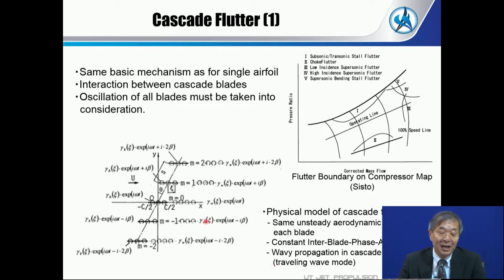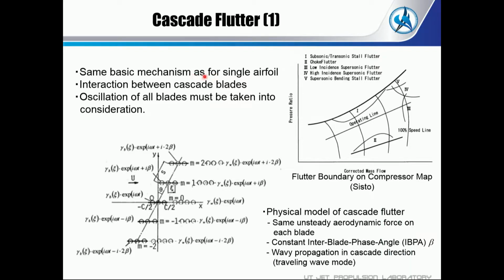We assume that the same basic mechanisms hold as for the single airfoil, but we have to consider the interaction between the cascaded blades. The oscillation of all blades must be taken into consideration.